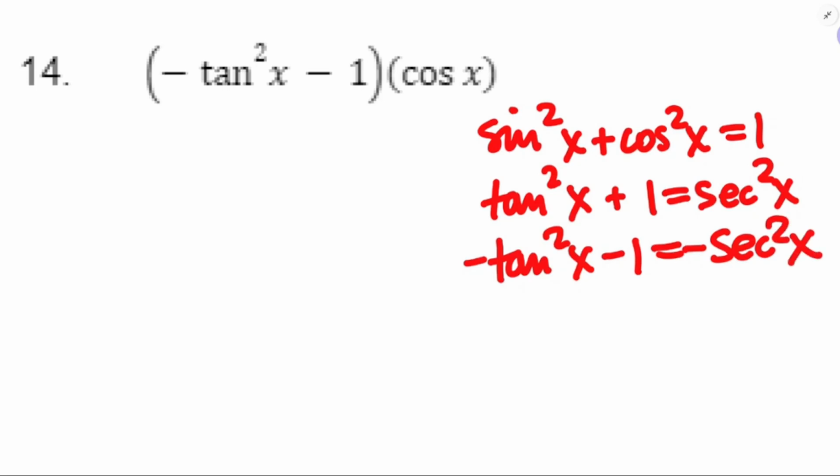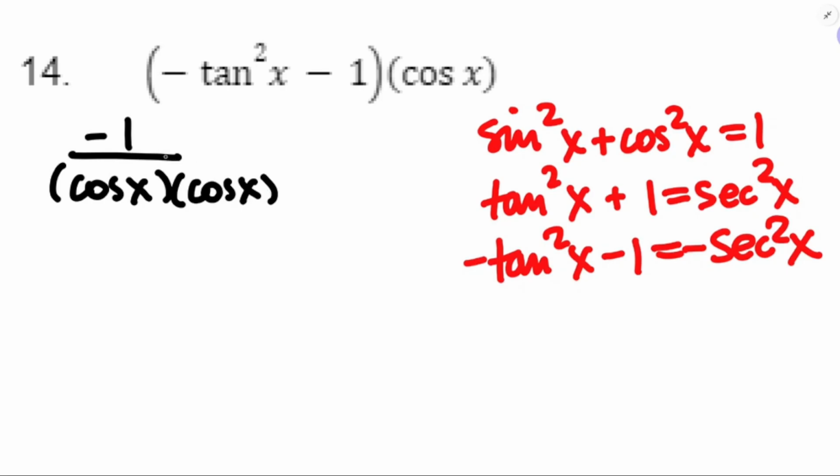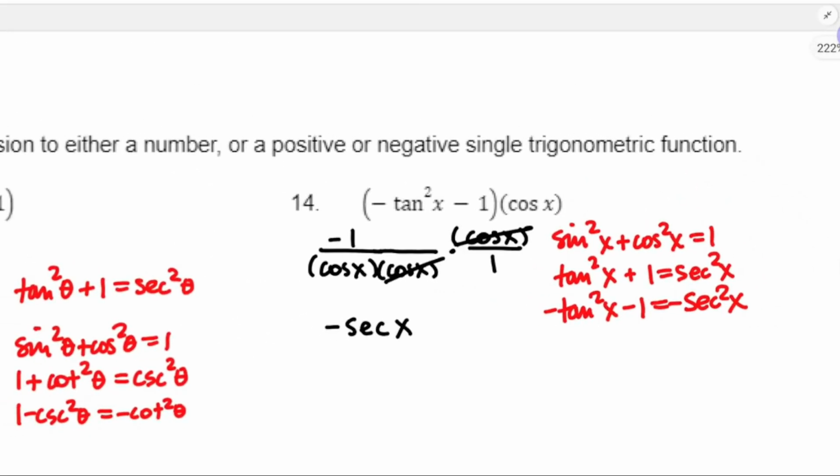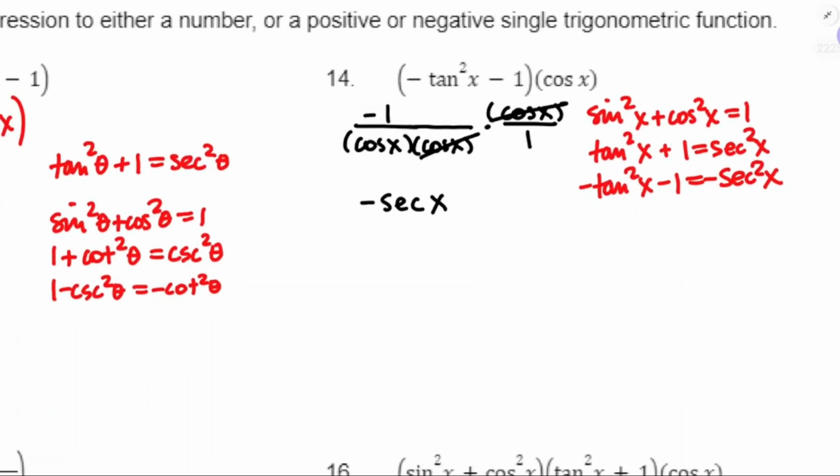And so, negative secant squared x is negative 1 over cosine squared x, which maybe I'll just write like that. And then I'm multiplying that by cosine x. I could cancel off one of those powers and get negative 1 over cosine, which is negative secant x. And so that's a single trigonometric function, positive or negative.